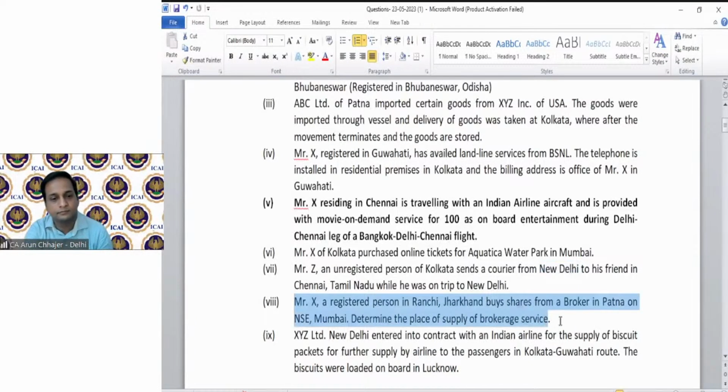Mr. X is a registered person in Ranchi, Jharkhand, buys the shares from the broker in Patna, okay, on National Stock Exchange, Mumbai. Determine the place of the supply for the brokerage services.